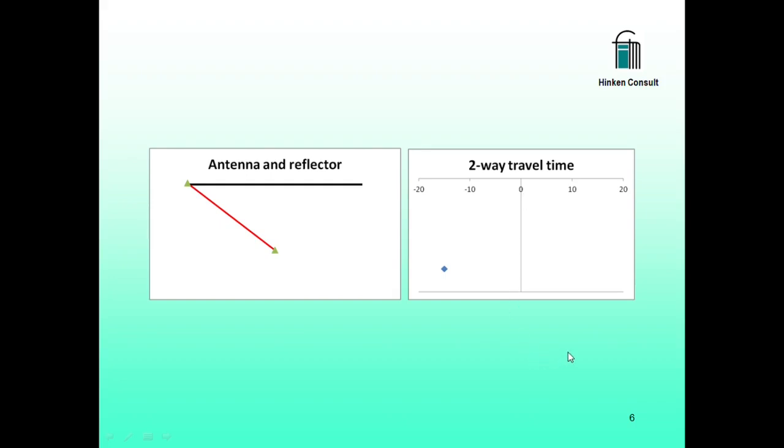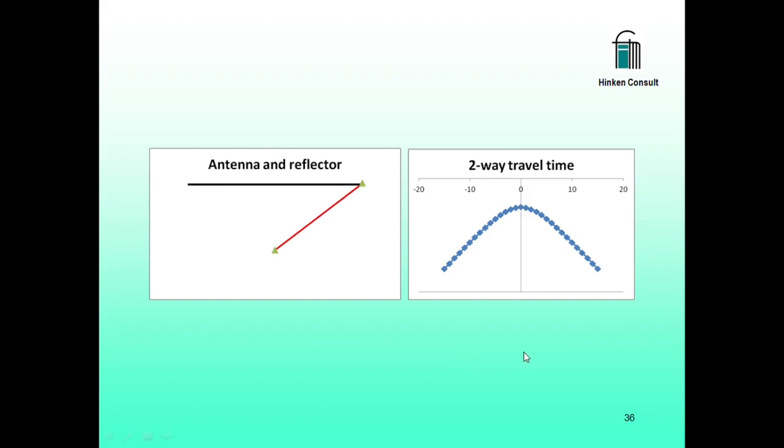Now we let the position of the antenna move horizontally, and the two-way travel time is plotted. It decreases, and here it is minimum because the distance between the antenna and the reflector is minimum when it is just above it. Then the two-way travel time increases again.